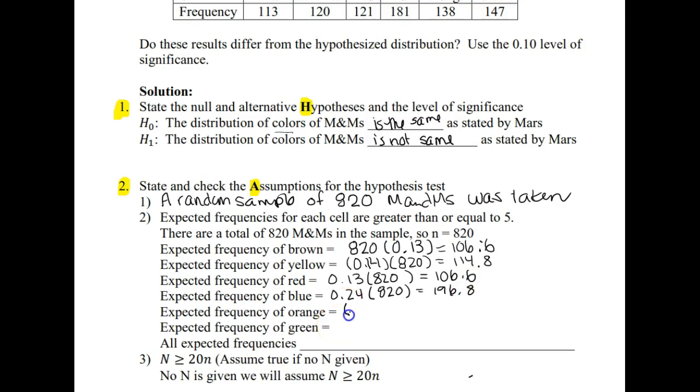Orange, they claim that 20% of all M&Ms are orange, so 20% of 820 gives us 164. And finally for green, they claim 16% of all M&Ms are green, so 16% of our sample of 820 would be 131.2.